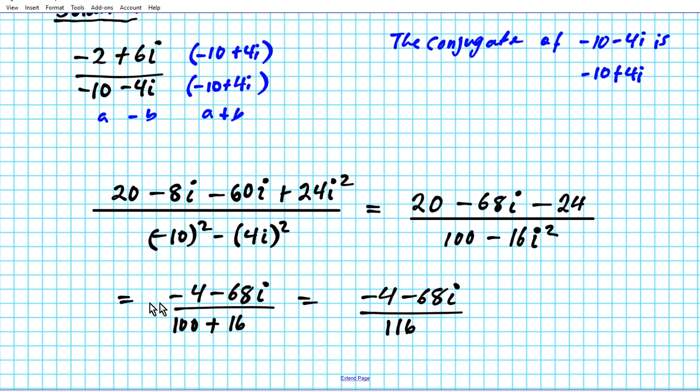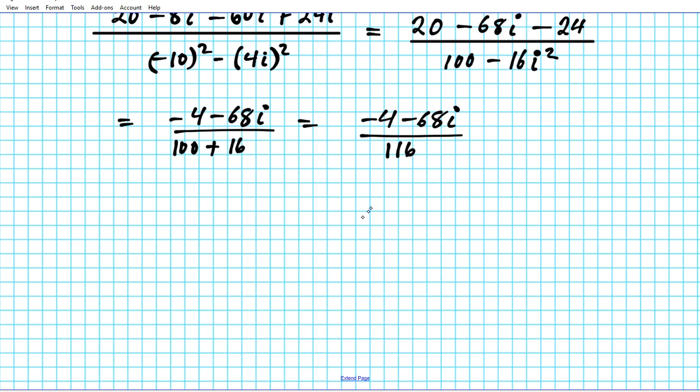And then we can, of course, factor out 4 from the numerator and the denominator. So that gives us 4 times negative 1 minus 17i. And then the denominator 116 is the same thing as 4 times 29.